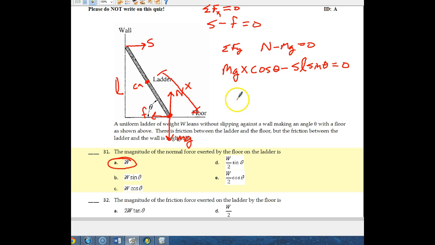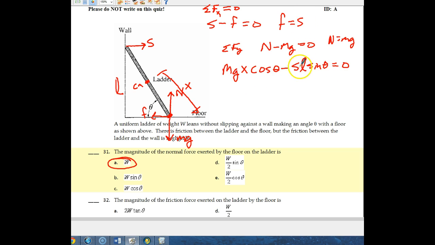So from these equations, N is equal to mg. That's pretty easy. And from the other equation, we can see F is equal to S. Let's put these together.